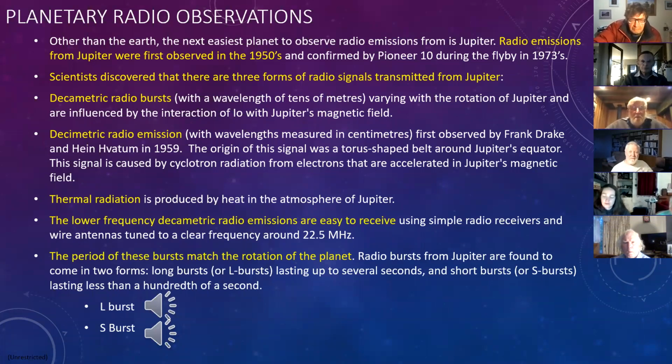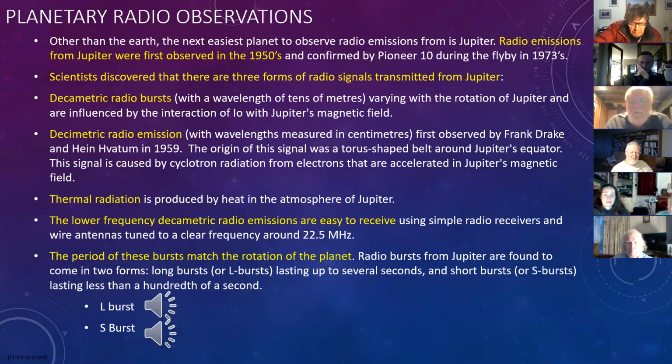And there are two types of, well, in fact, three types, but two radio emissions that we are really interested in. There are wavelengths down in the shortwave spectrum with a wavelength of tens of meters, around 22.5 megahertz, which is at the top end of the shortwave band.